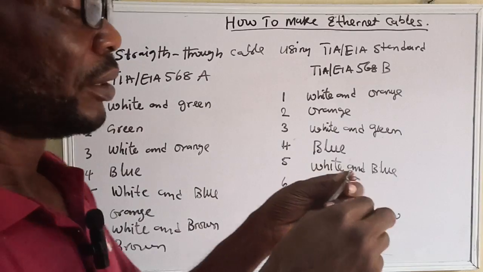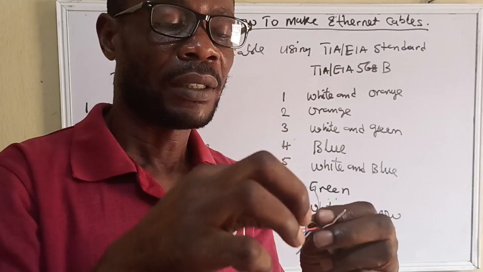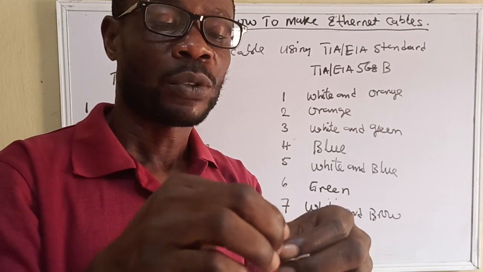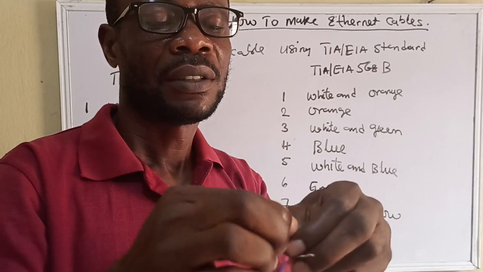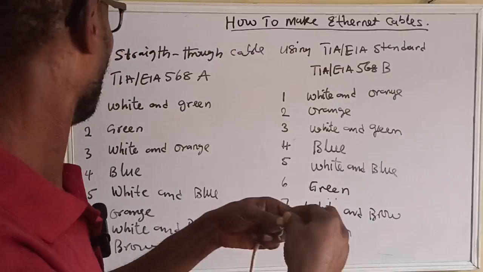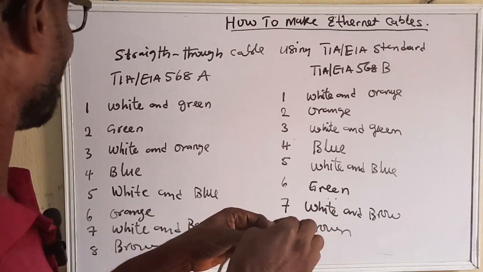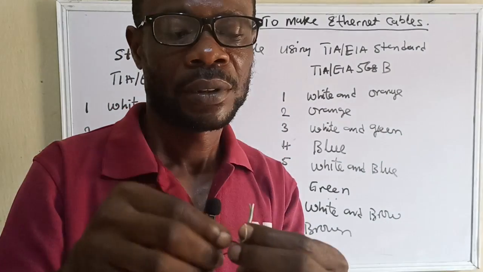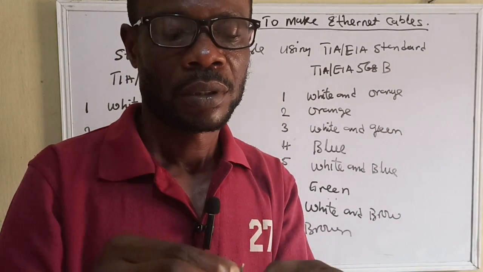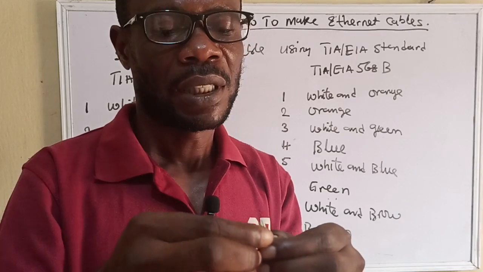Number two is plain green. Number three is white and orange, with white and orange stripes. It has been selected.